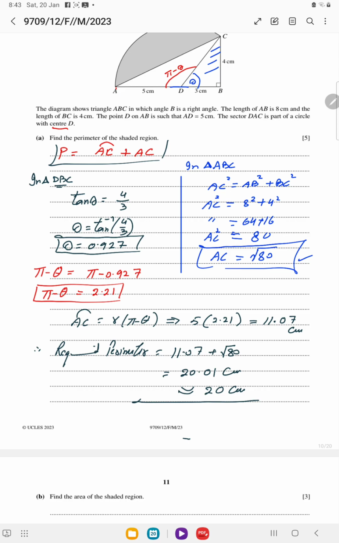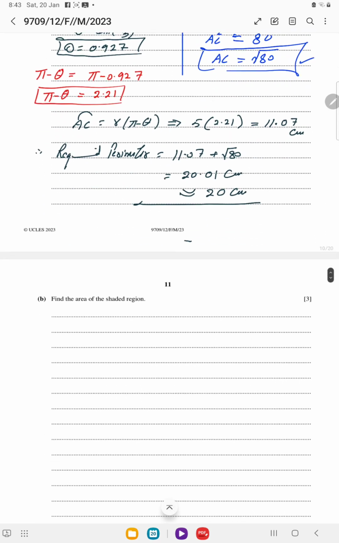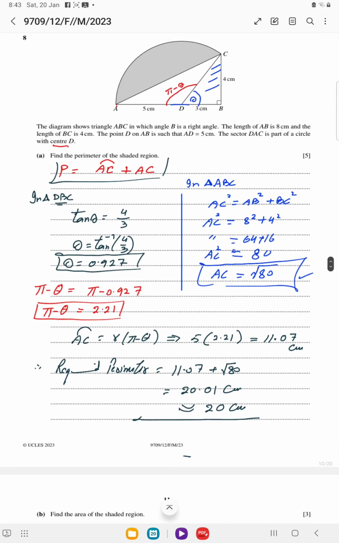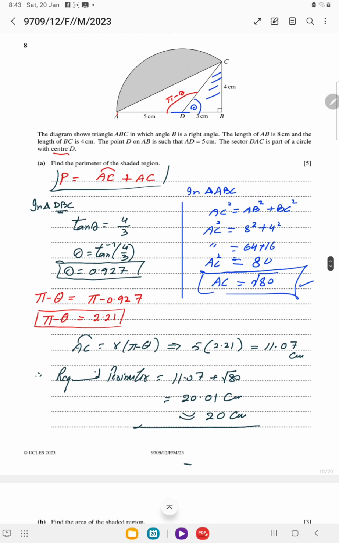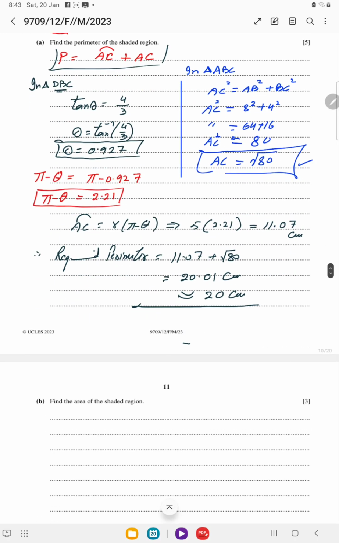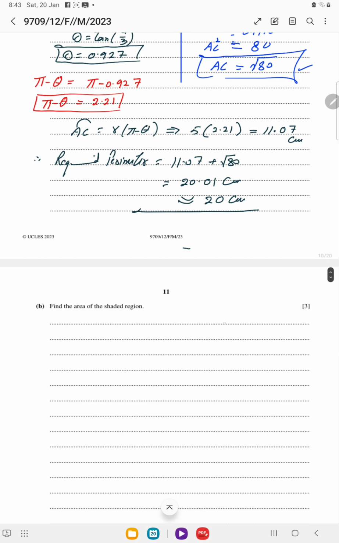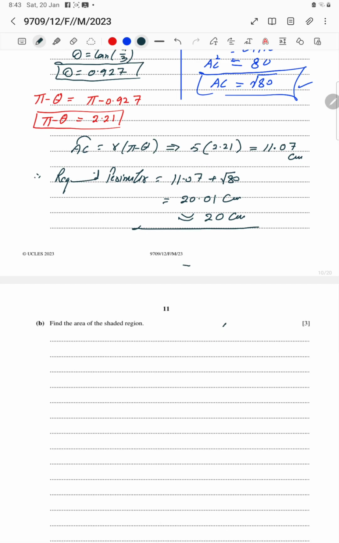Okay guys, now this part is done. Part B states, find the area of the shaded region. Now we have to find the area of the shaded region. If I draw the figure of the shaded region like this, this is what we are looking for.